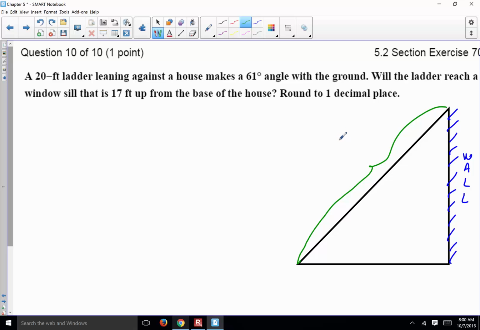The ladder is just leaning against this wall. The wall is of course longer, but we just cut it off here. And there is a window you're trying to reach somewhere on this wall. I don't know how low or how high. There is the window. You're trying to make it.